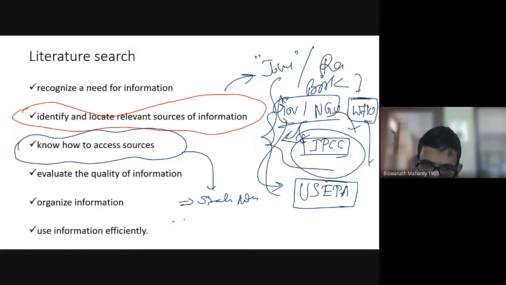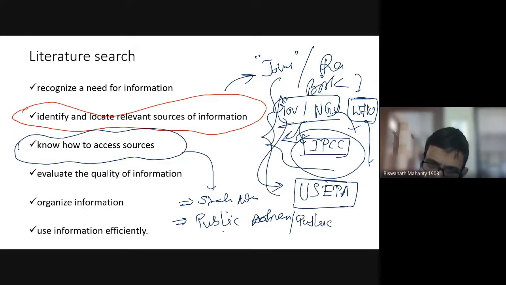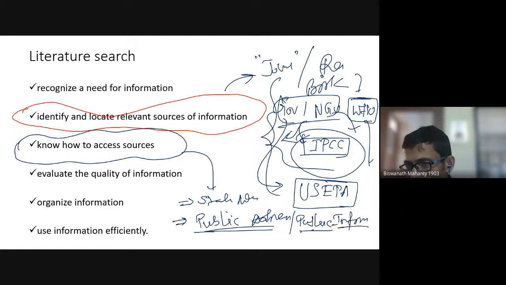Some of the write-up can be for the public, I'll say public addressal, or public information, who frequently publish public information. Particularly you might have seen during this pandemic, every 1 day, 2 days later, the WHO is publishing some new information. These are all publications that come as a public information system.